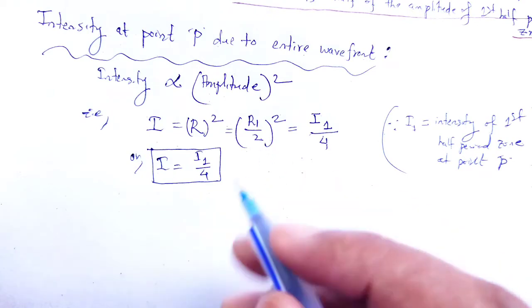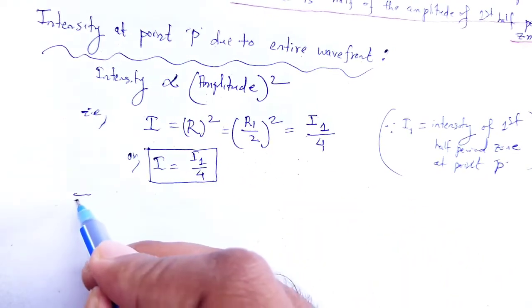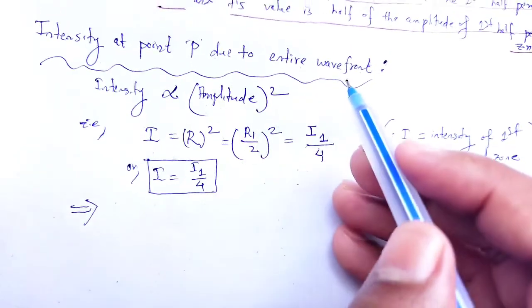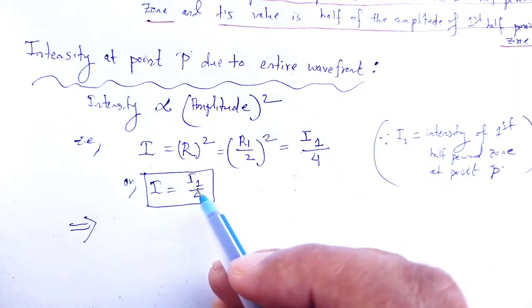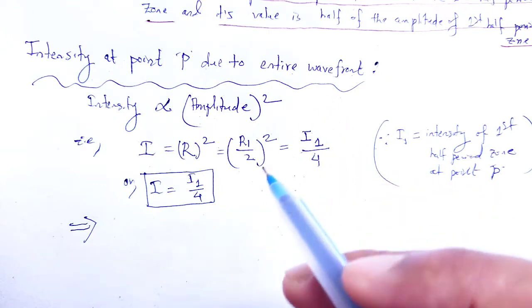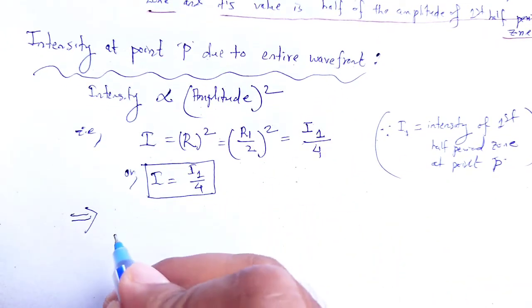From that expression we conclude that the intensity at point P due to the entire wavefront is equal to 1/4 of the intensity due to the first half period zone.